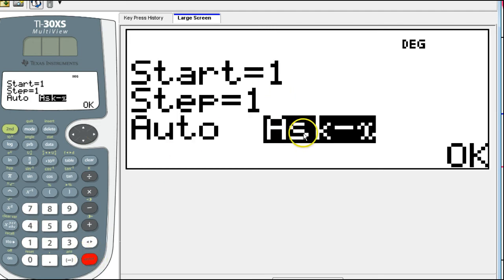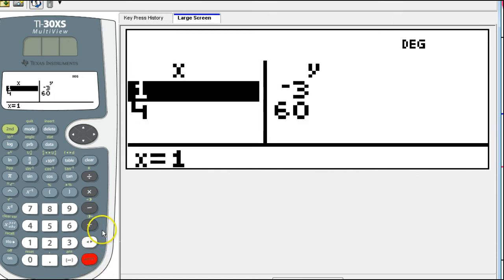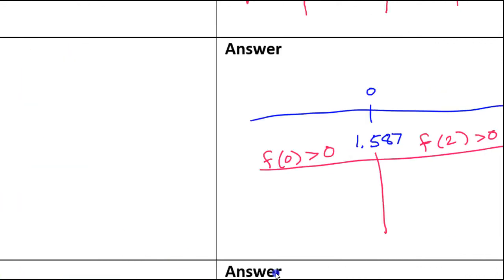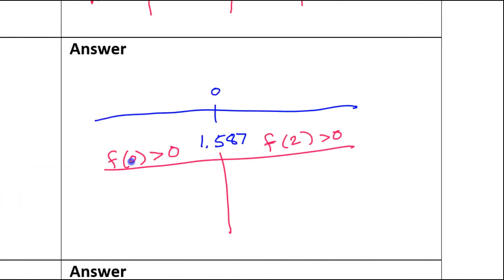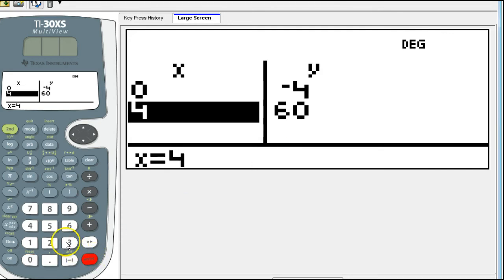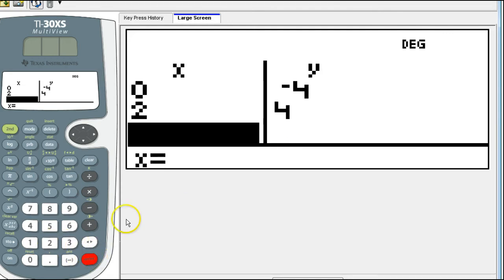Leave the calculator in Ask-X mode. It's a good place to be. Now this time we are trying to evaluate the function at these two test values, 0 and 2. So we will put in 0 and 2. So we're getting negative 4 and positive 4.